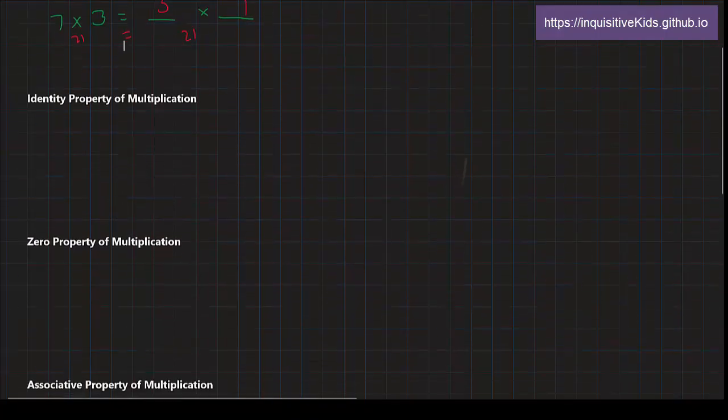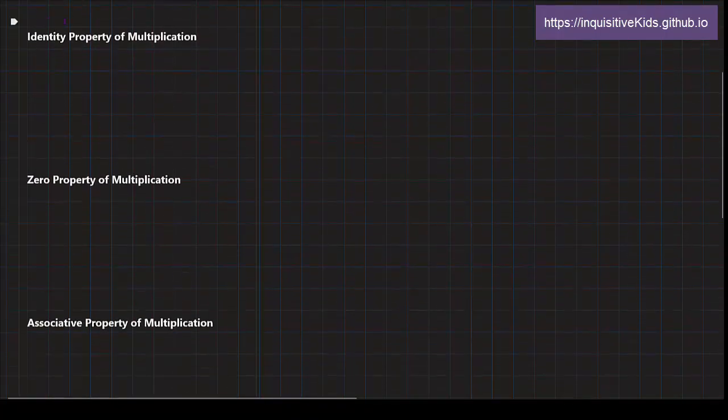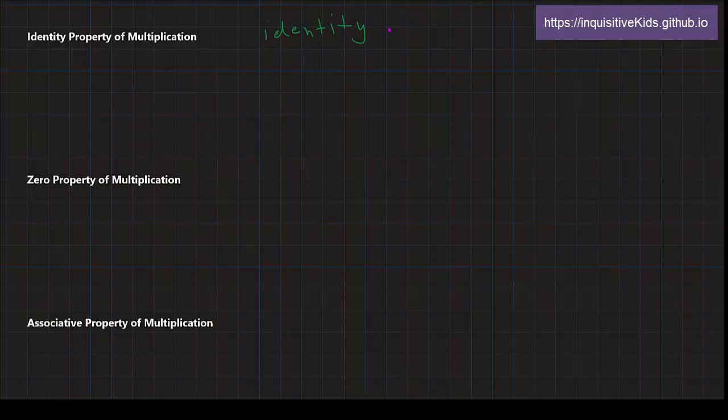Okay, so now let's look at the identity property of multiplication. So what is an identity? Well, identity, I-D-E-N-T-I-T-Y, is almost like who somebody is, what makes somebody who they are, and the properties they have.